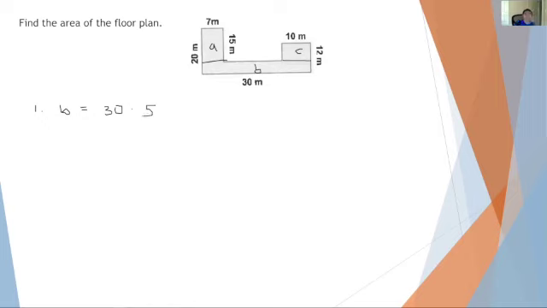Because on rectangle A, the right side says 15 meters and the total. Okay.